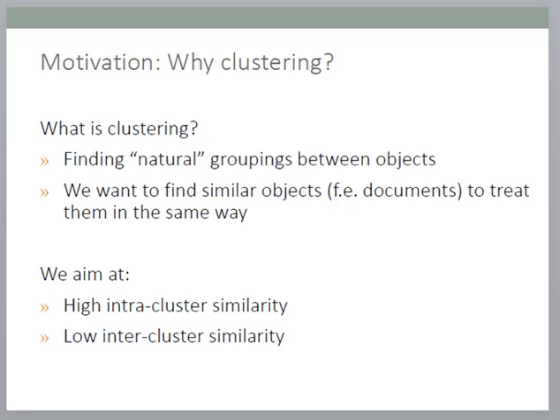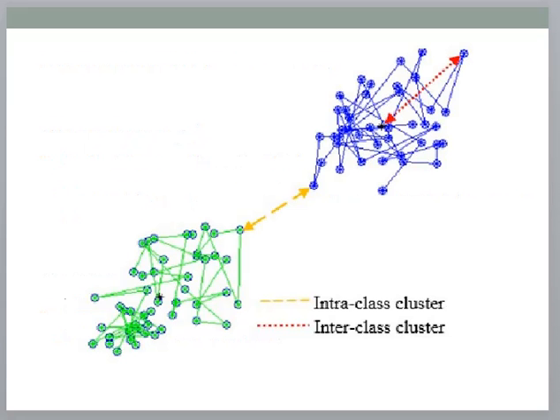So let's have a look at the difference between high intra-cluster similarity and low inter-cluster similarity. If you look at this figure, you will see that this dotted yellowish line basically shows the intra-cluster distance, right?